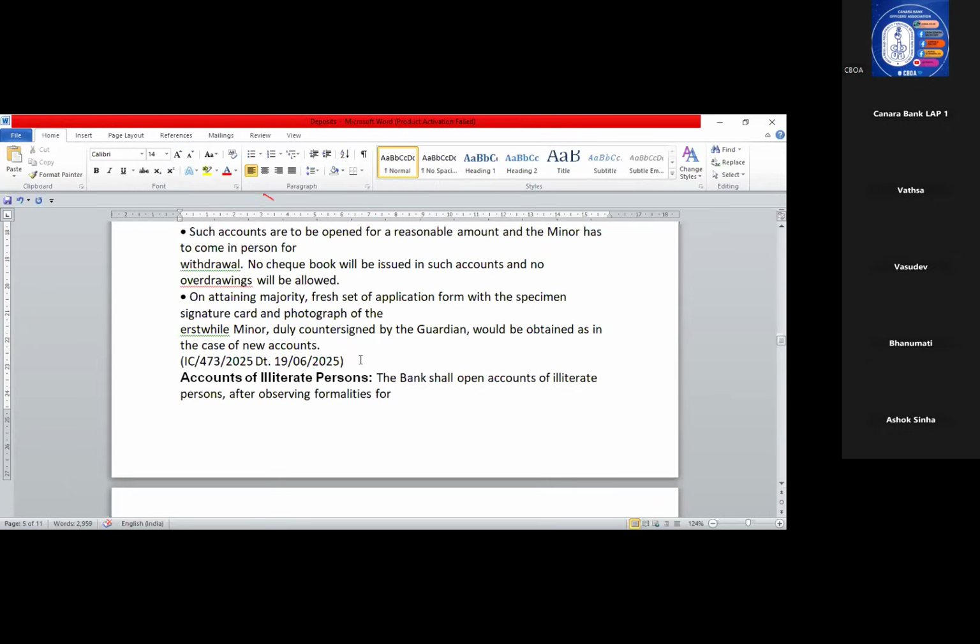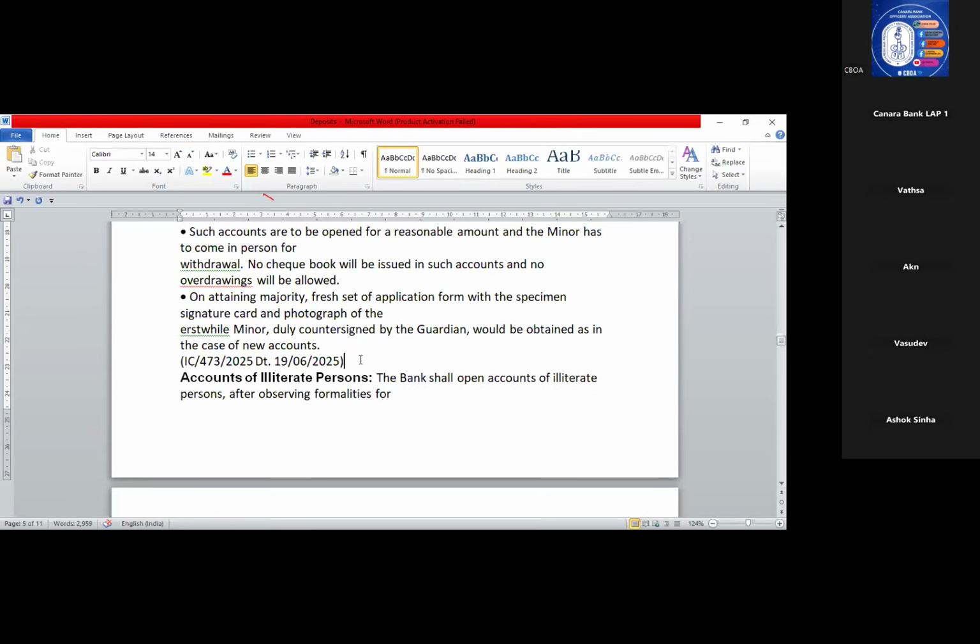Okay. For the 109 account, only the parents or the guardians will be operating the account. Either father or mother will be the guardian.